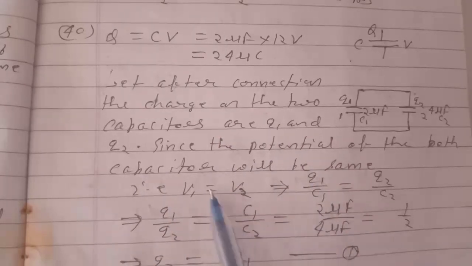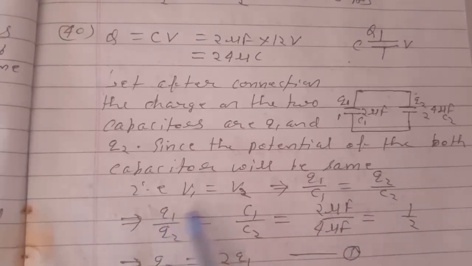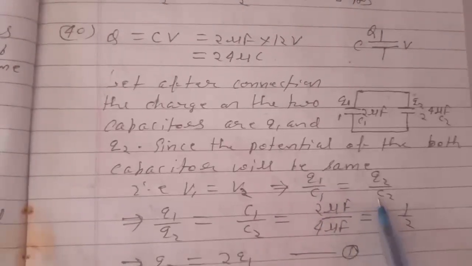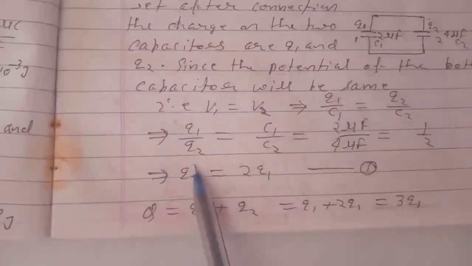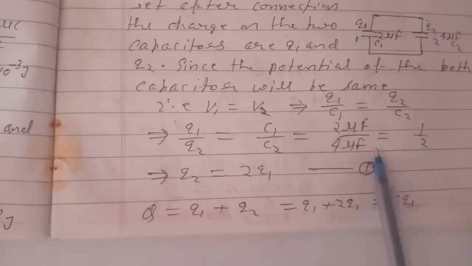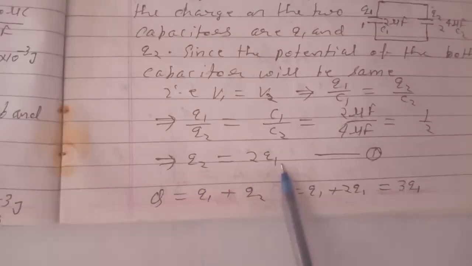Since the potentials of the capacitors will be the same, V1 equals V2, this implies Q1 by C1 equals Q2 by C2. This implies Q1 by Q2 equals C1 by C2, or 2 microfarad by 4 microfarad equals 1 by 2, which gives Q2 equals 2Q1.